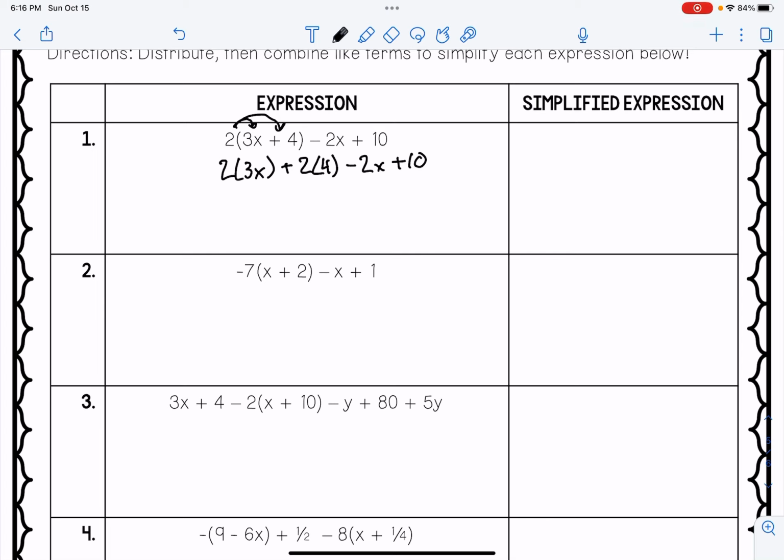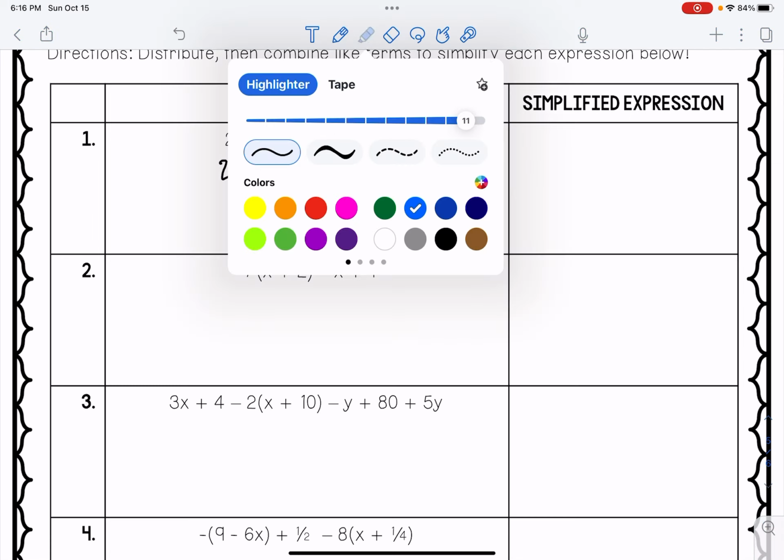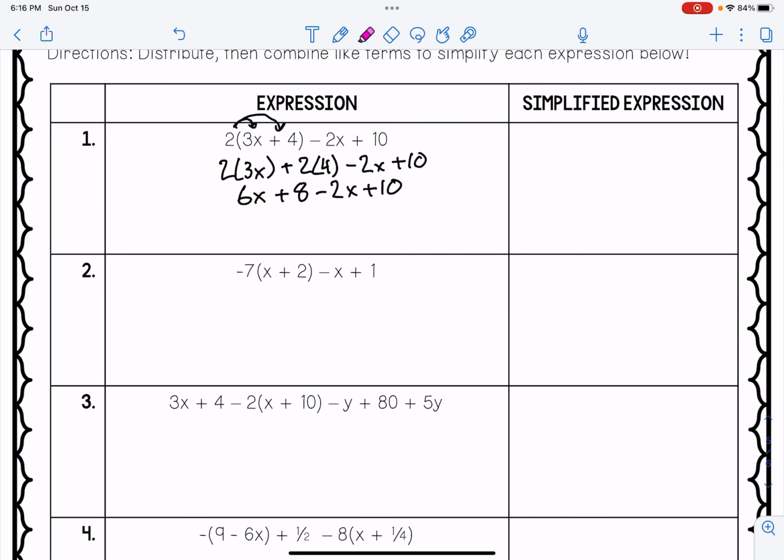So we're going to start to simplify this. We've got 2 times 3x is going to give us 6x, and 2 times 4 is going to give us 8. And I'll bring the rest down that I couldn't deal with yet. So we've got some like terms we need to combine. Our x terms, we've got a 6x and a minus 2x. When we combine those, that will get us 4x.